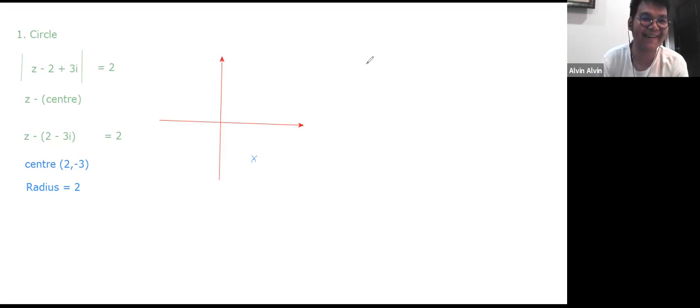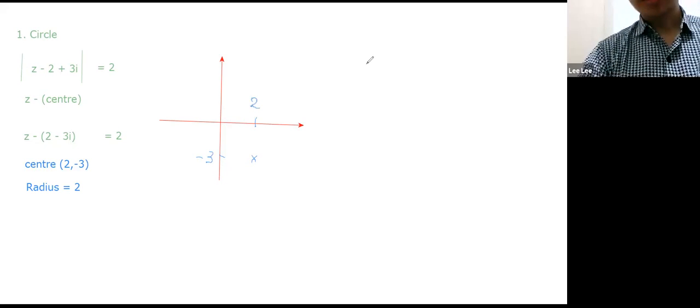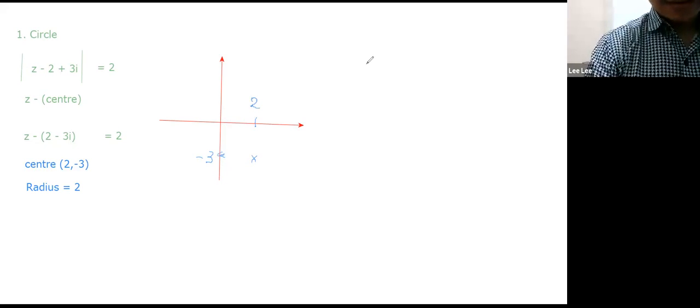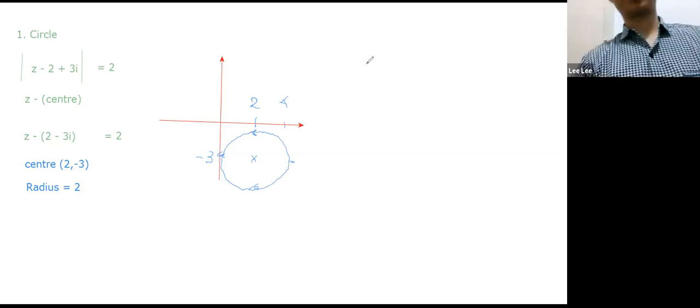So this is the negative 3, this is our 2 here, so the radius has to be 2. Do you understand until here?